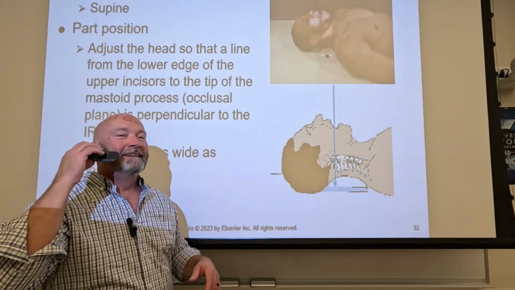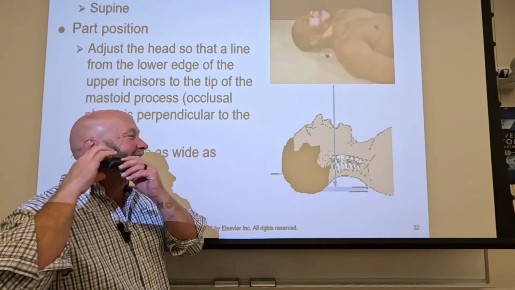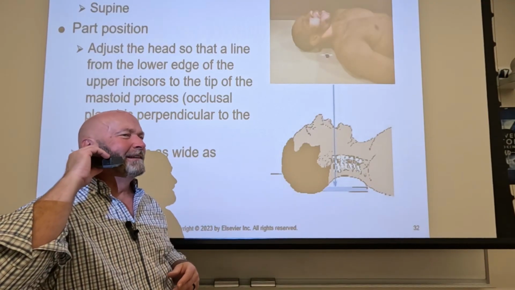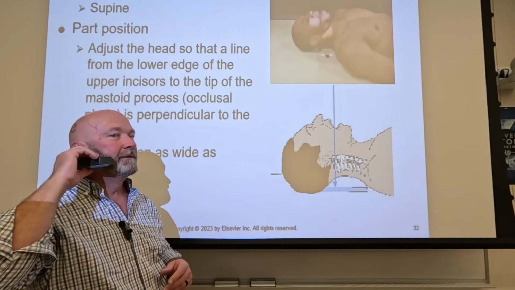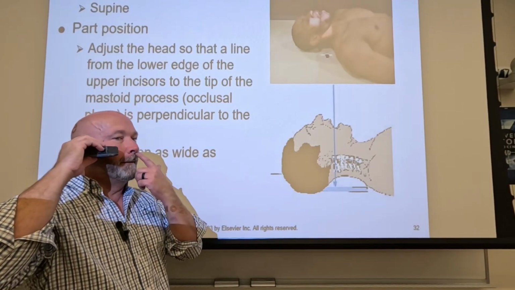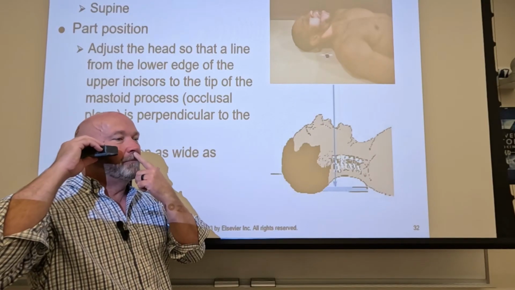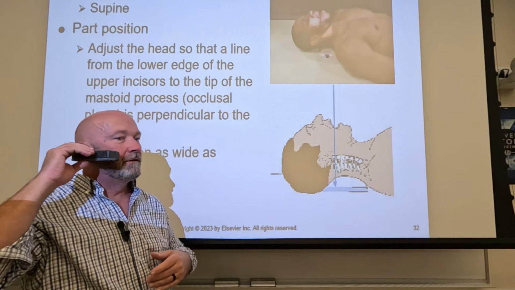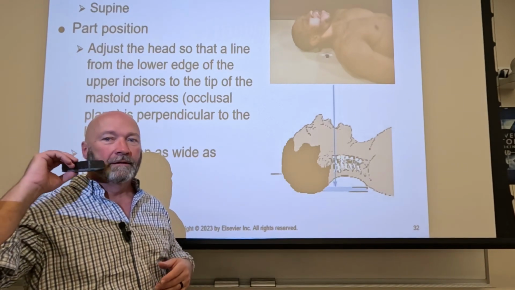All right, so take this, you got your mastoid process and your teeth. Is that relatively aligned? Yeah, okay. So if I go up from that, you see where that point is right there? Are they pretty well parallel to each other?